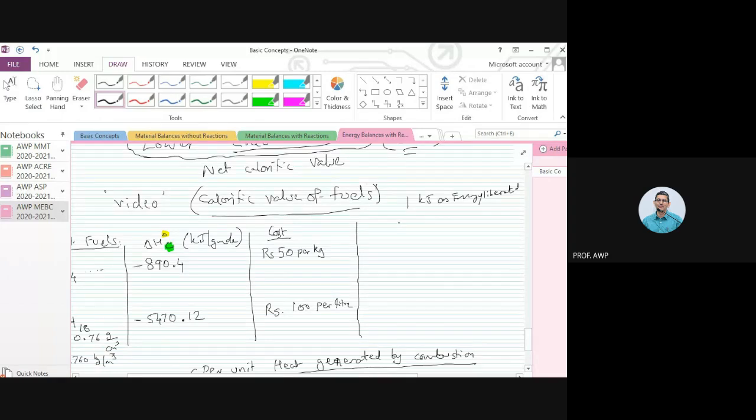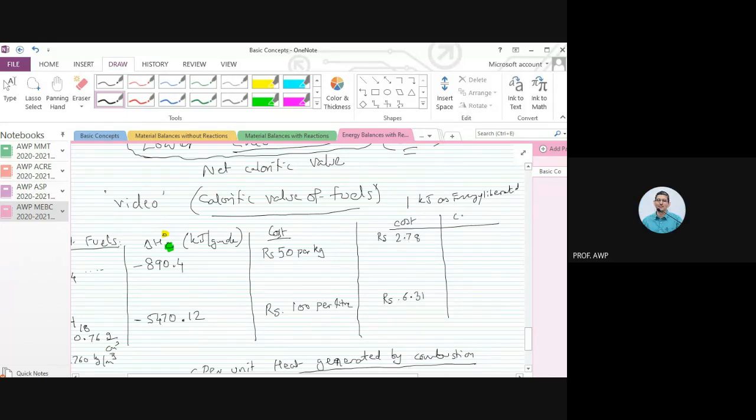So what is the cost coming to for CNG? Sir, for CNG, it is 2.782, and for octane, it's rupees 6.31. Yes, 2.782, okay. And for octane it is 6.31.